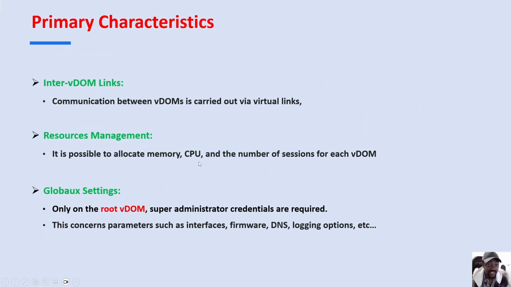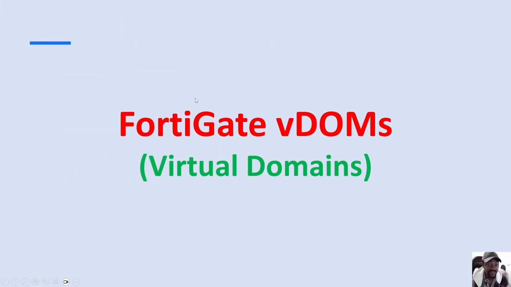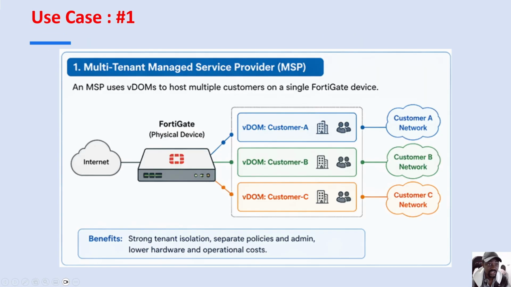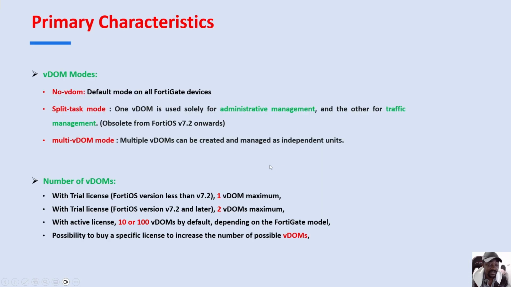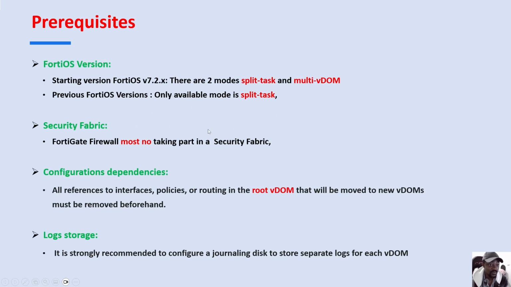This is a series of videos related to the initial video where we started with FortiGate VDOMs, where we explained some key concepts related to VDOMs, some use cases, some comparison between VLAN and VDOMs, primary characteristics of VDOM, and prerequisites if you want to implement VDOM.